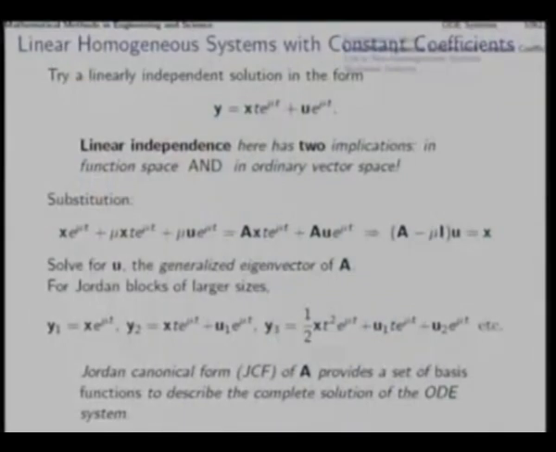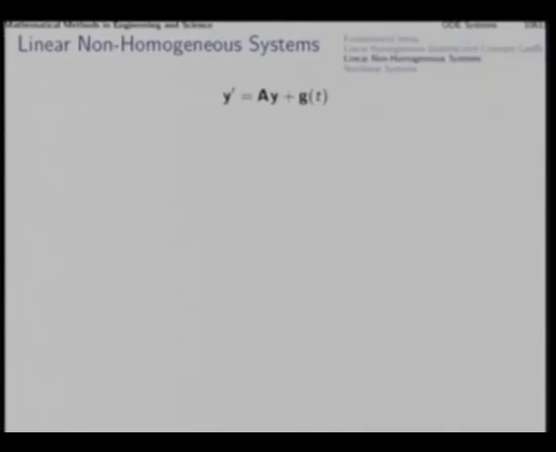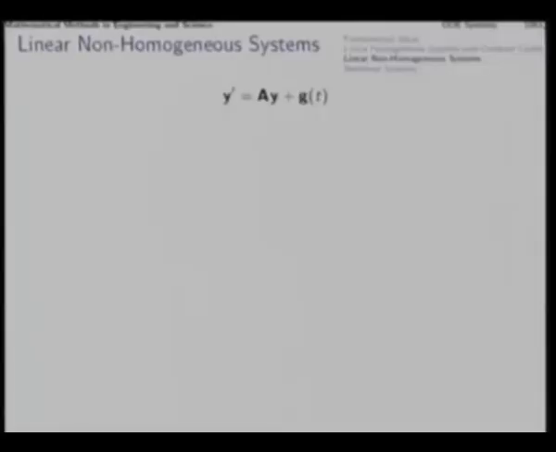Now, with this method of determining the complete solution of the homogeneous system, in which we have only y prime equal to A y, after we have got that, we can find out the complete solution of the corresponding non-homogeneous system also, with a non-homogeneous term g(t) involved here.